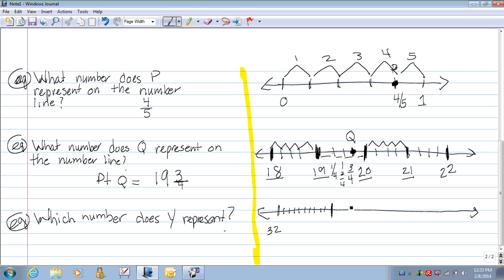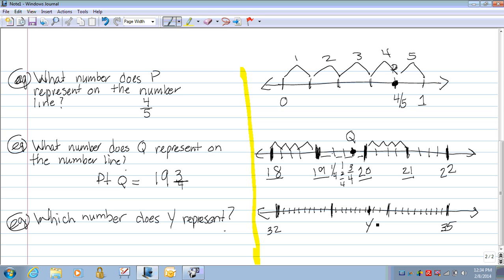Draw another long line. 5, 6, 7, 8, 9, 10. Another. 1, 2, 3, 4, 5, 6, 7, 8, 9. So I have 32 at this first point and 35 at the very end. And I'm going to put a dot right here. And this is point Y.